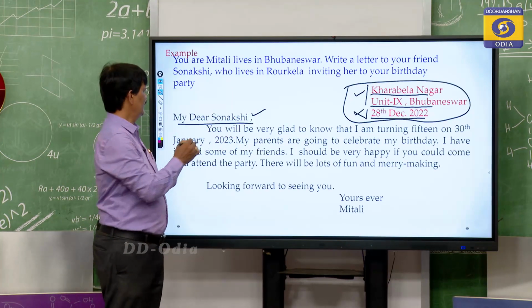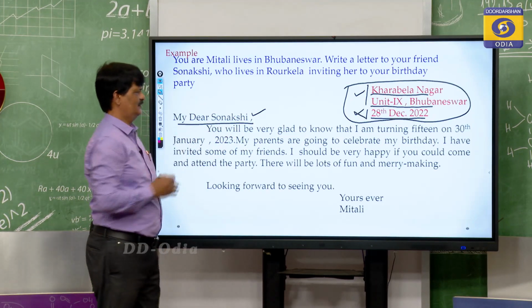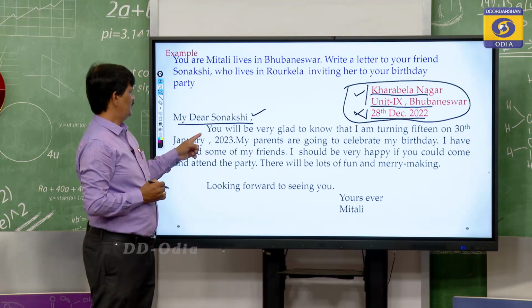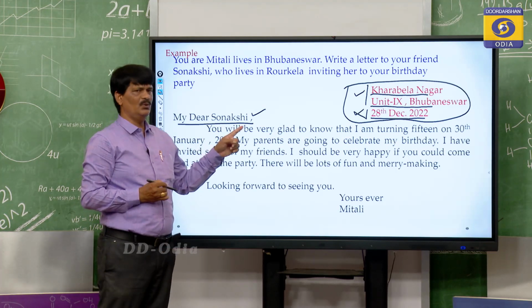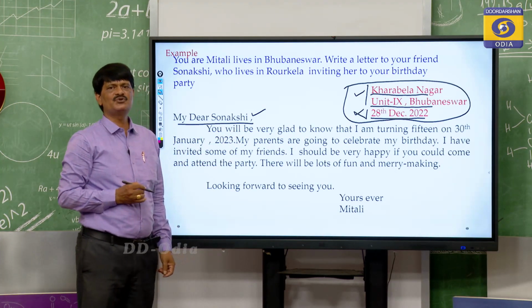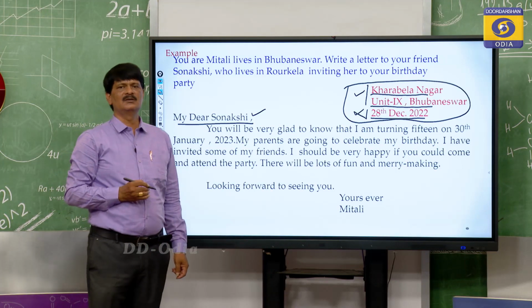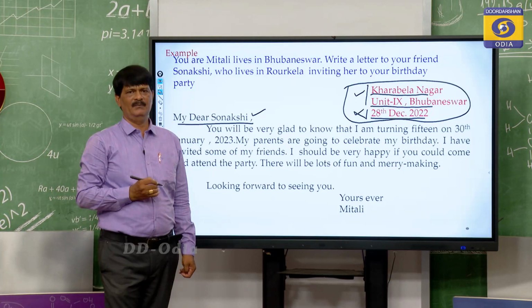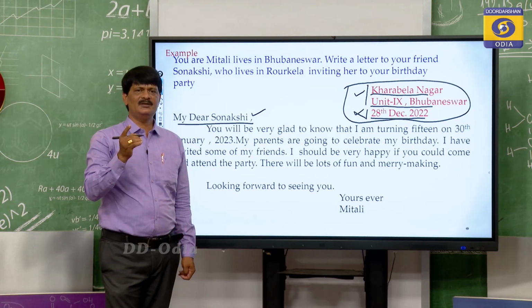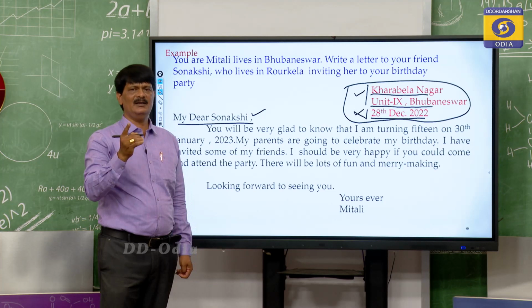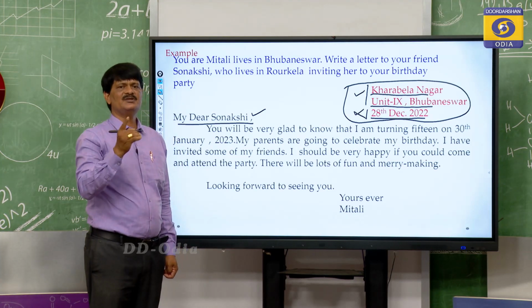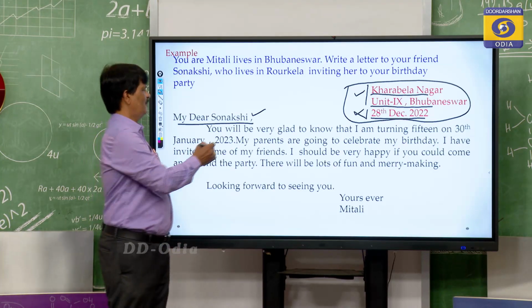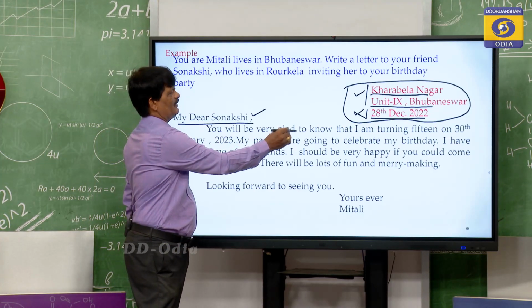Then you come to the body part. What is that body part, you see: You will be very glad to know that I am turning 15 on 30th January 2023, and my parents are going to celebrate my birthday.